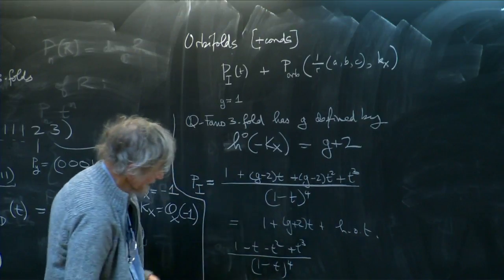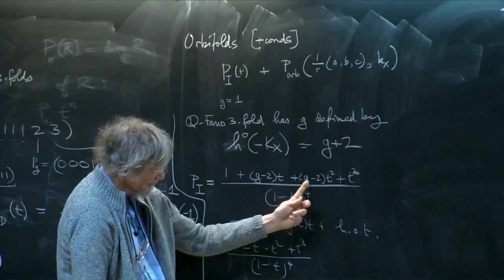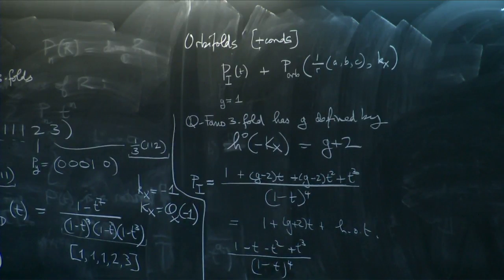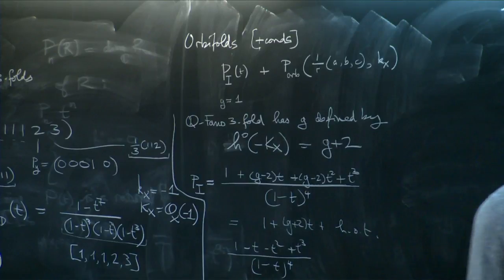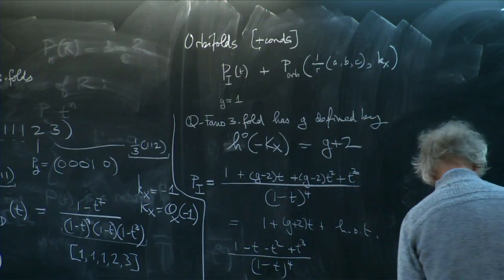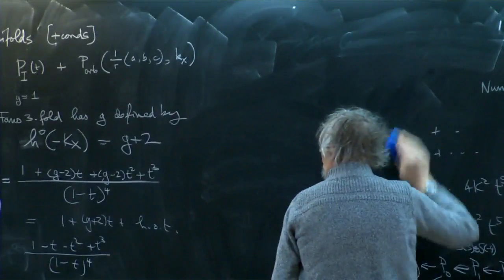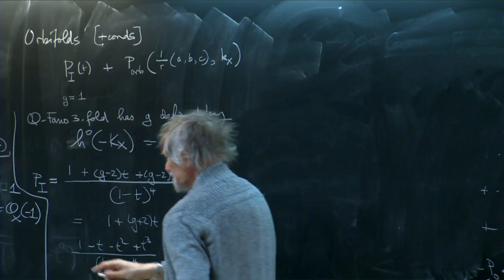The way to remember this formula, again, is that if you sum the coefficients on top, you get 2g minus 2, which is the genus of a non-singular Fano's curve section.